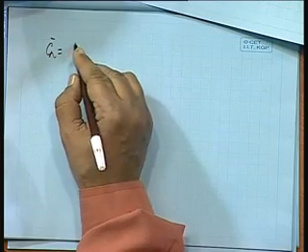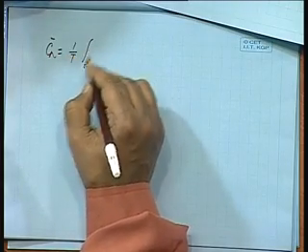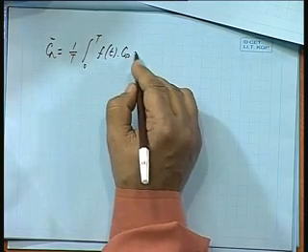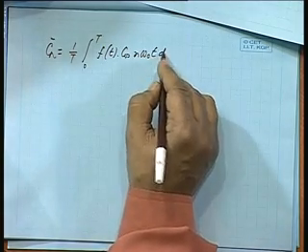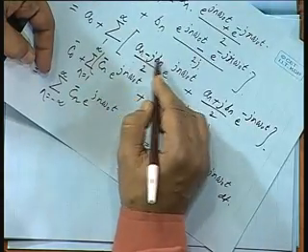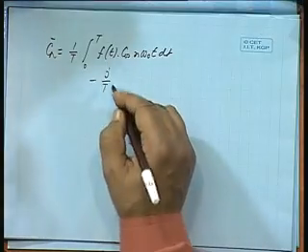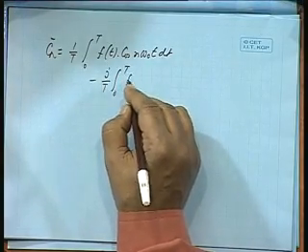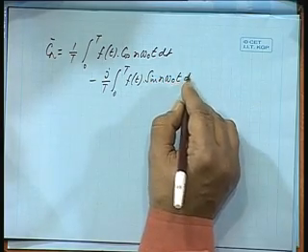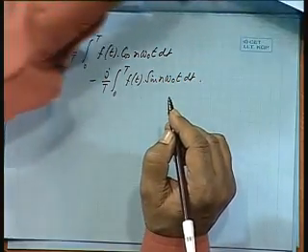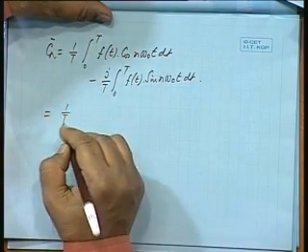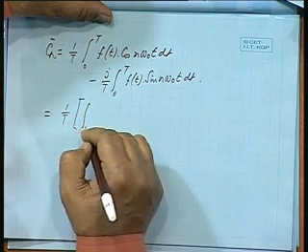Cn bar is an minus j bn by 2. If we write in terms of those coefficients, it is 1 by T integral of f(t) cos(n omega naught t) dt minus j by T integral of f(t) sin(n omega naught t) dt, with the 1 by 2 factors accounted for.